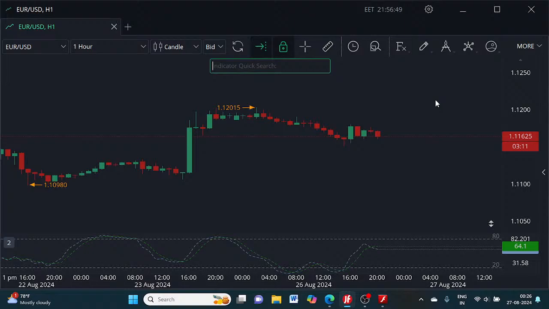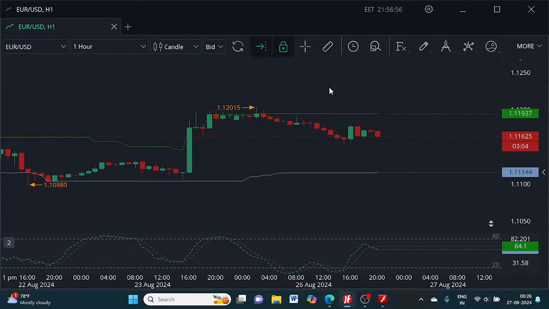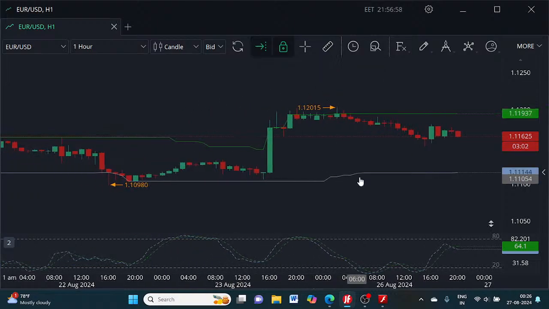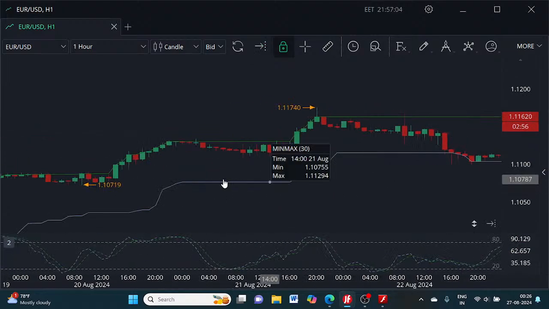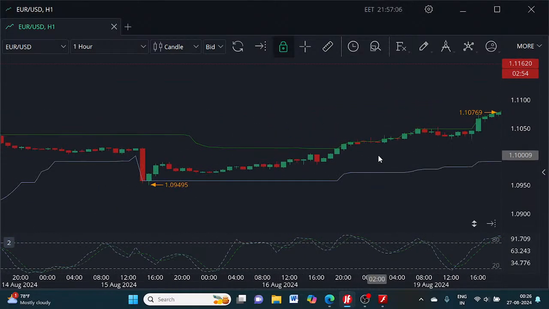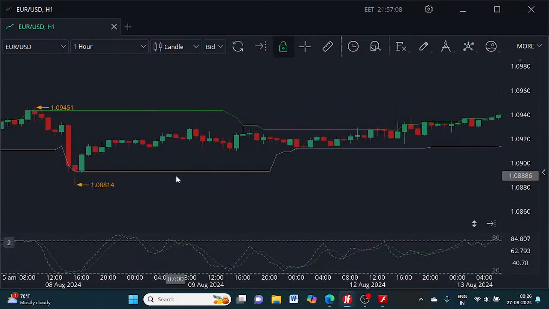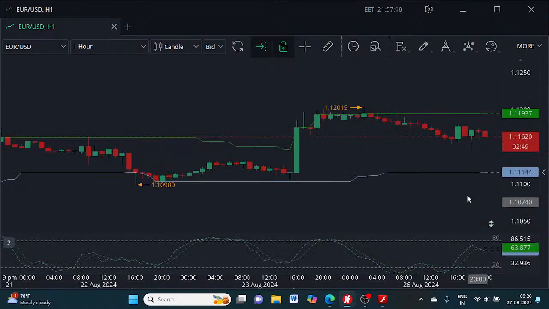Let me add this min-max indicator and get us a first-hand visualization of how things are going to be. Here, the min-max calculation period is at 30, and this is what we are getting. This also looks decent. You can reduce it.